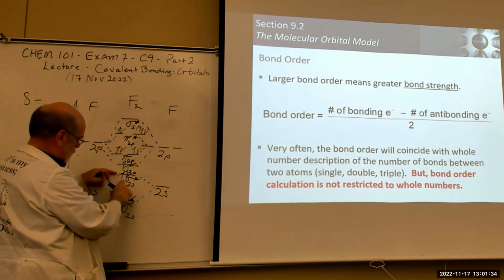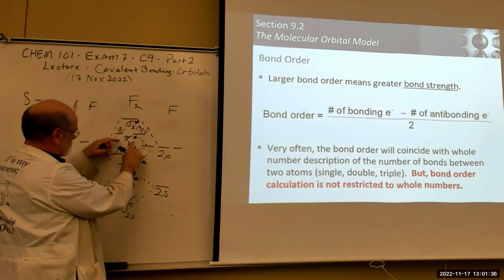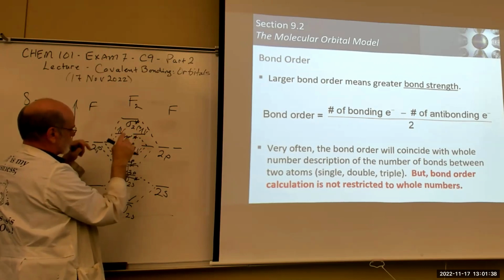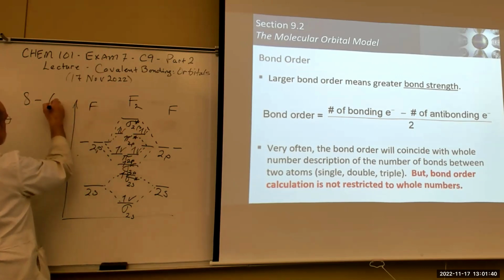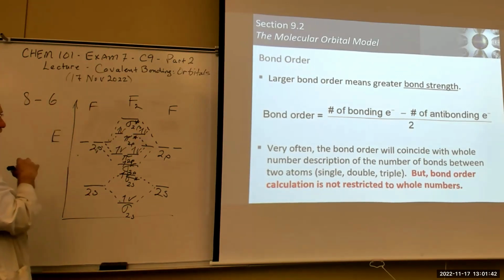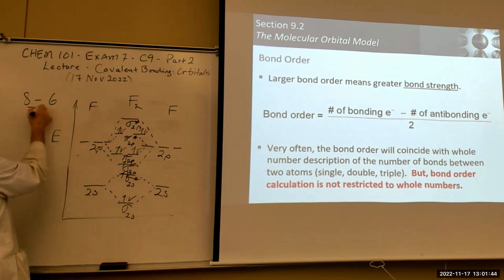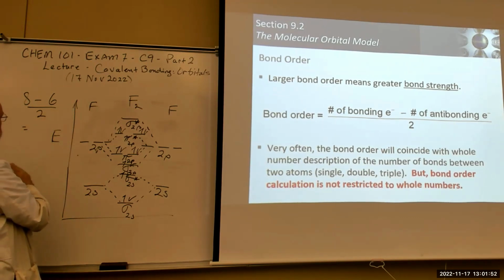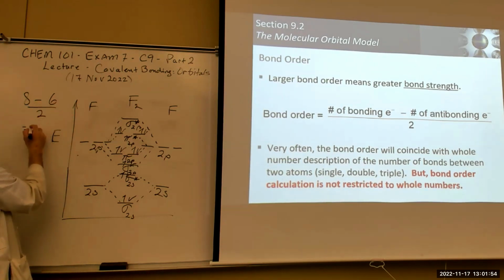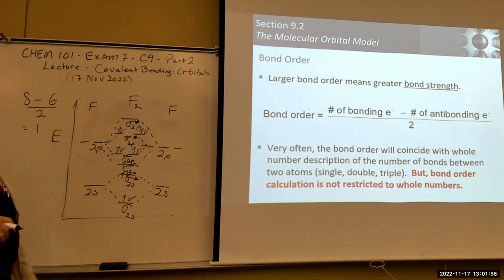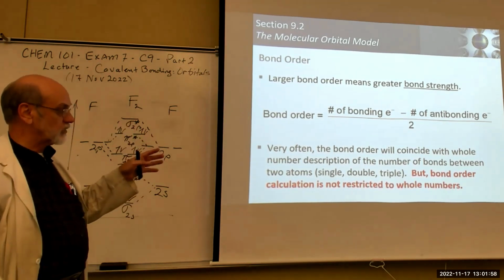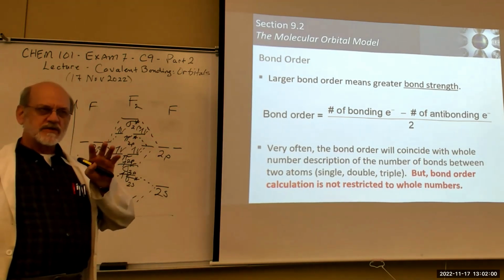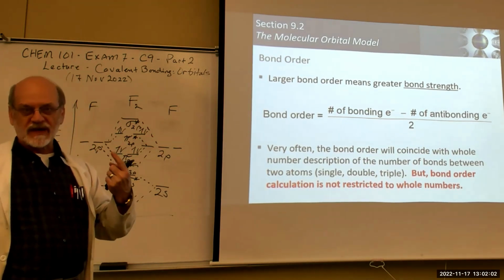So we have 2, and 4, and 6. 6 anti-bonding electrons. Subtract those, and then divide by 2. Yeah, 8 minus 6 is 2, divided by 2 is 1. So the bond order for this molecule is 1, which roughly corresponds to a single bond.